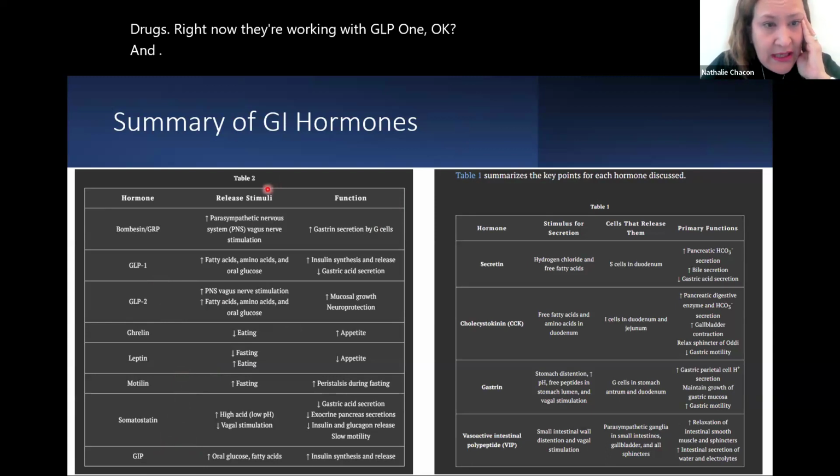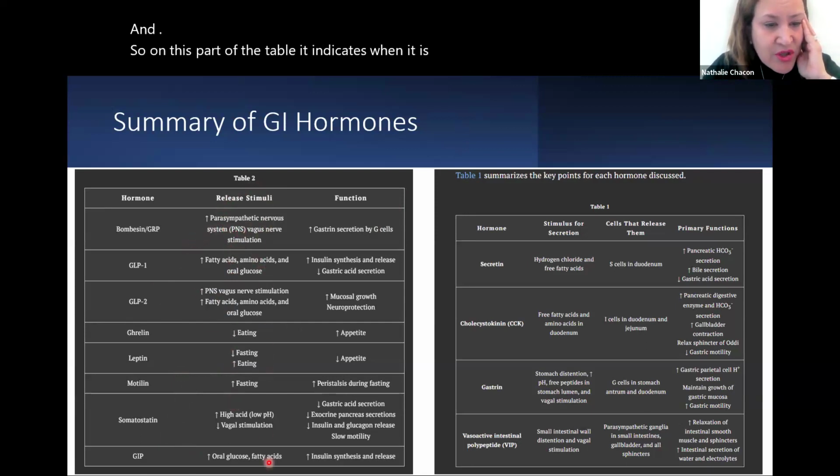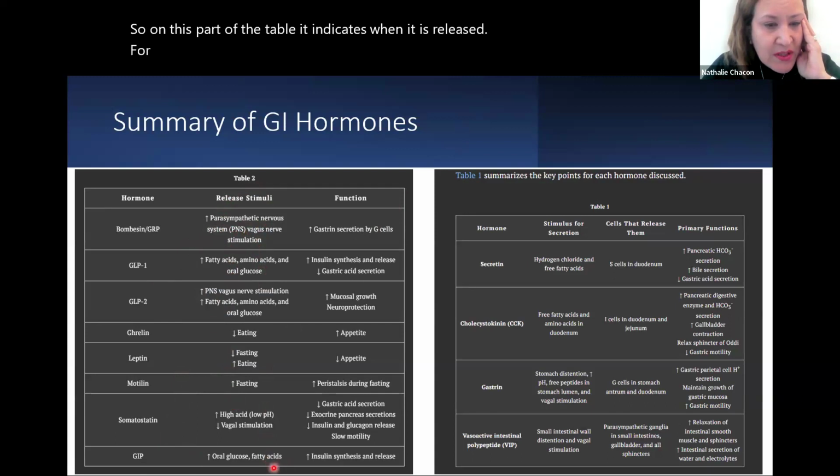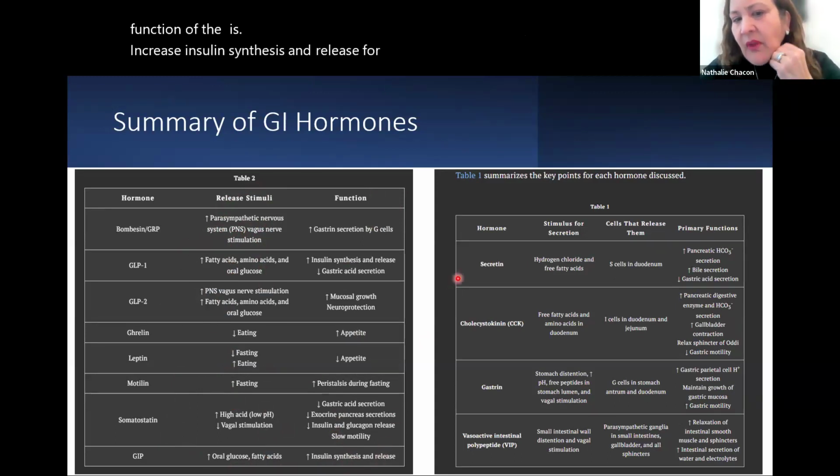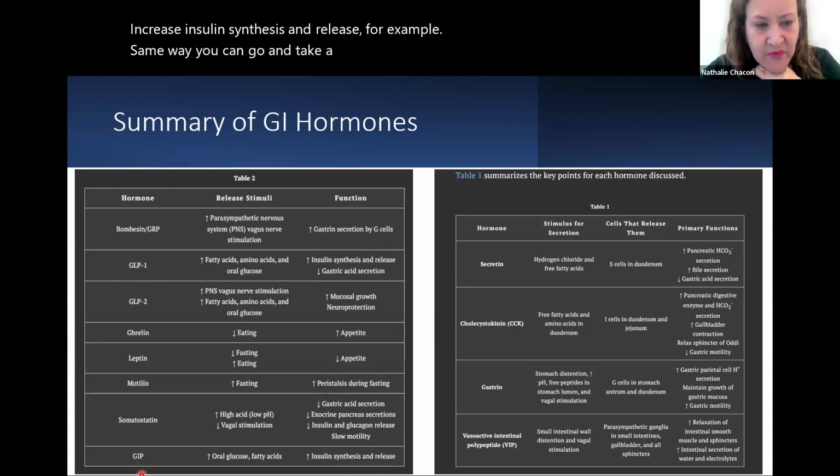This part of the table indicates when each is released. For example, GIP is released when oral glucose and fatty acids go up, and the function of GIP is to increase insulin synthesis and release. In the same way, you can take a look at GLP-1.